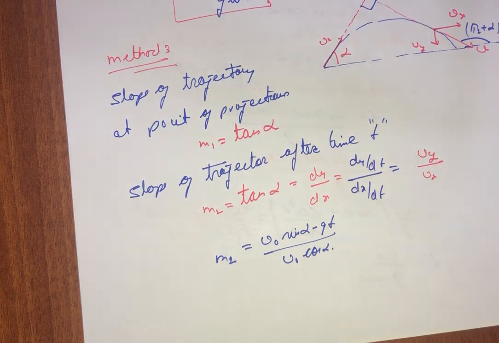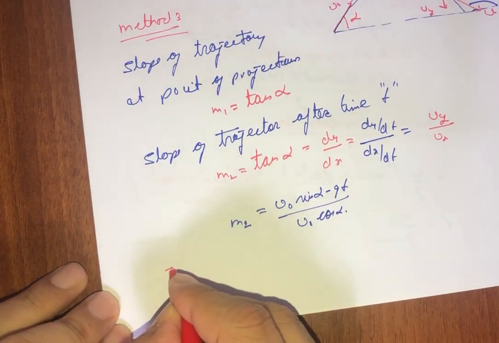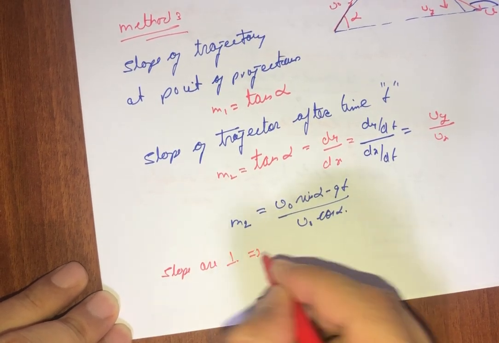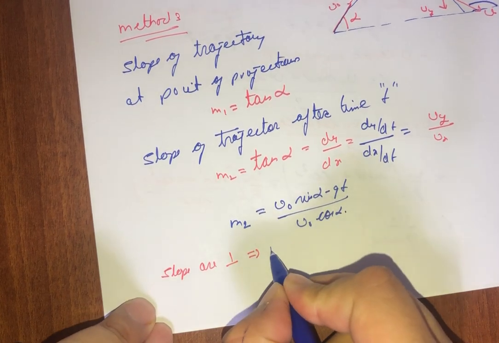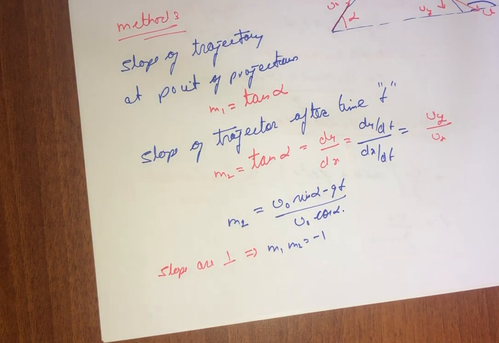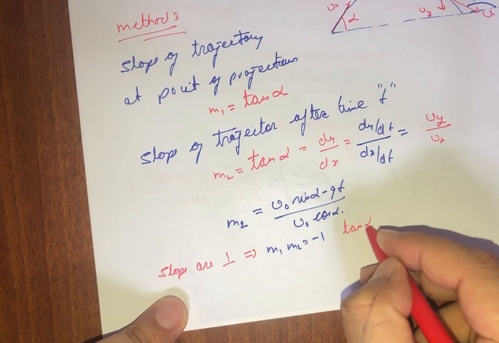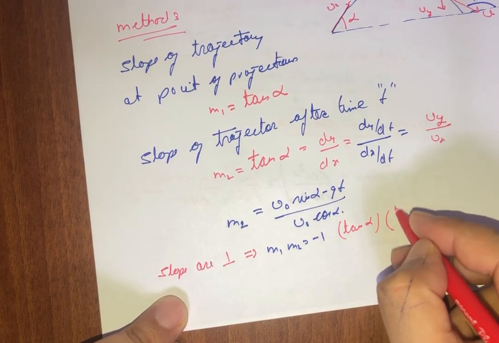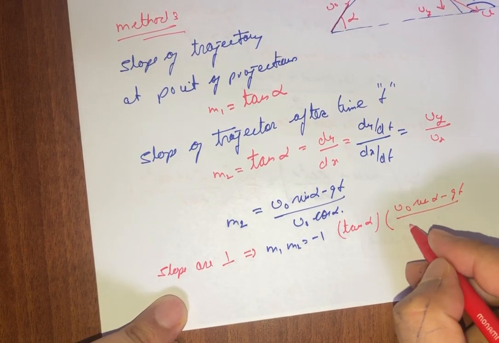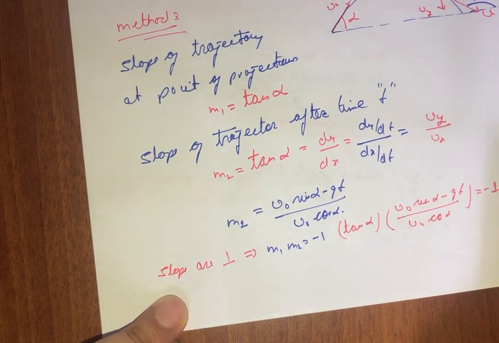Now it is given that both the slopes are perpendicular to each other. So this implies that the product of m1 and m2 will be equal to minus 1. So we put m1 and m2. m1 is tangent of alpha. So we get tangent of alpha into v naught sine alpha minus gt divided by v naught cos alpha is equal to minus 1.